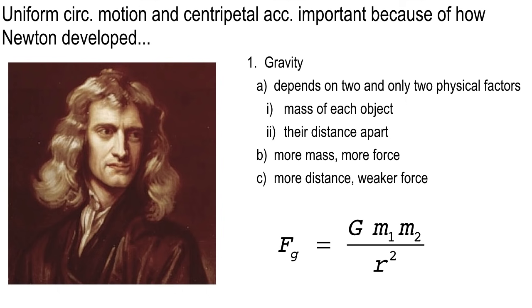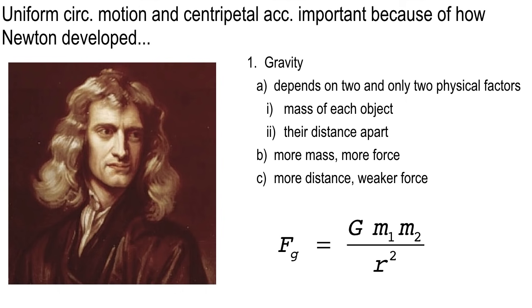And then you divide by the square of the distance, r squared. So you go from the center of the Earth to the center of the moon, center of mass to center of mass. That's your r. Then you square it, and you put it downstairs in the denominator.